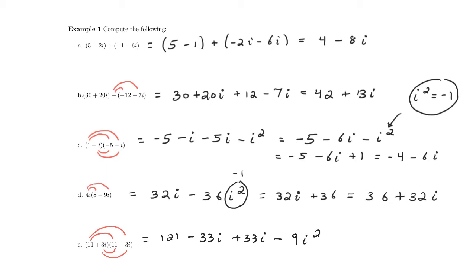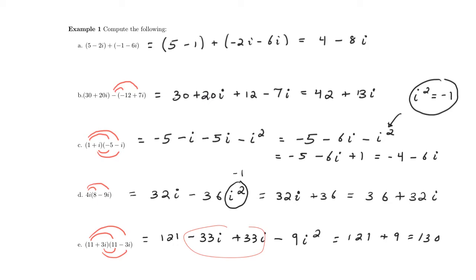So what happens is the middle two terms I have are opposite in sign, so they just completely cancel. This portion here is just going to be 0. So we get 121, and we're going to get plus 9, which is 130.